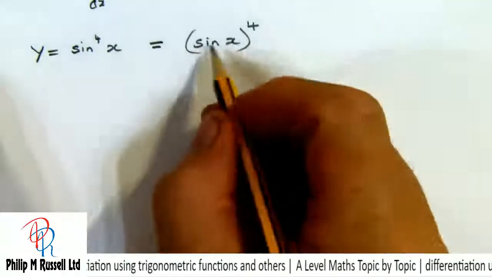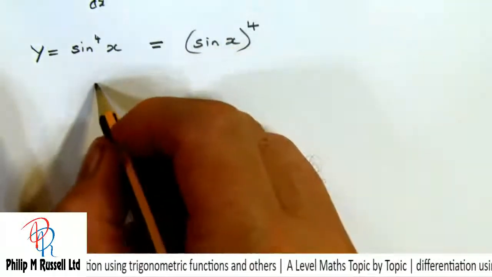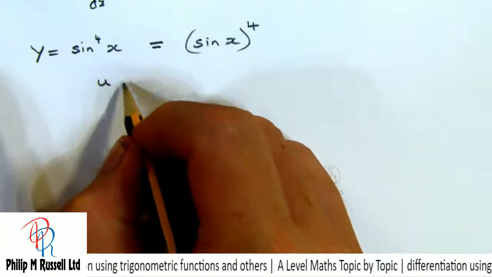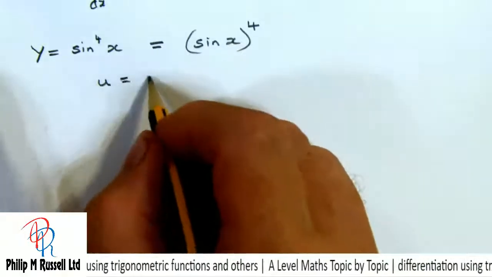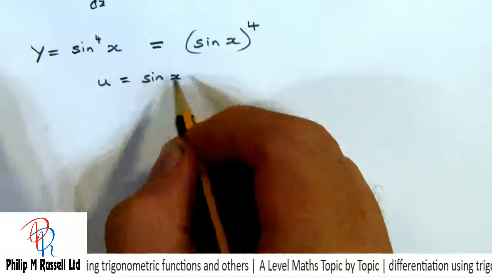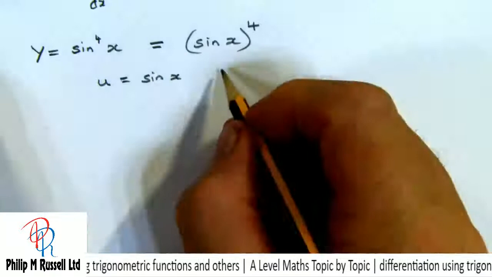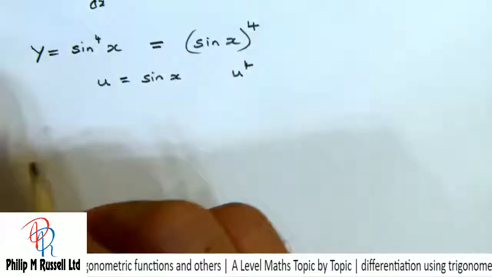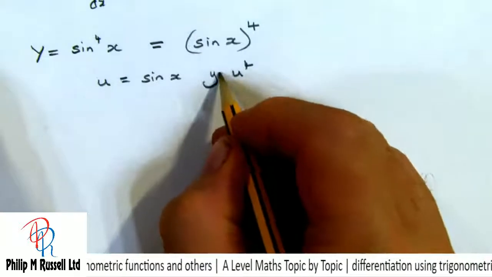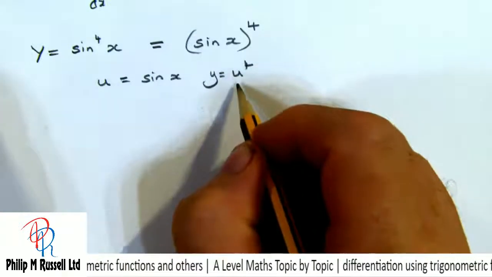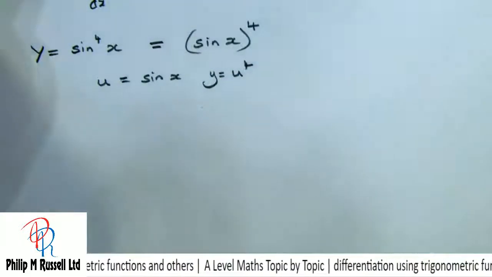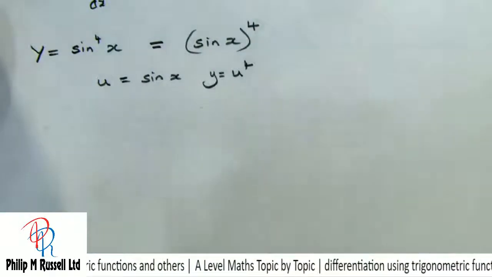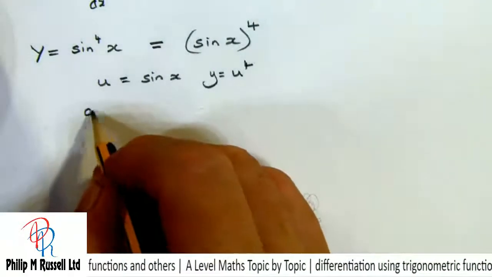So let's divide this up. I'm going to say that u is going to be sine x, and that's going to give me u to the 4 for y. Okay, so let's differentiate each of these.